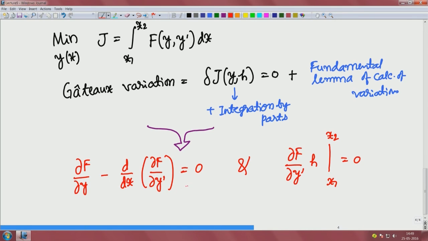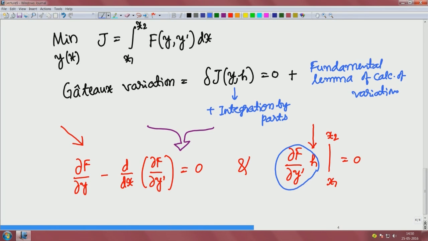The h disappeared from the differential equation, there is no h here, but here we have h. That is okay, because what we say here as the boundary condition is that at x1 as well as x2, this product, that is product of dou f by dou y prime and h, should be equal to 0.